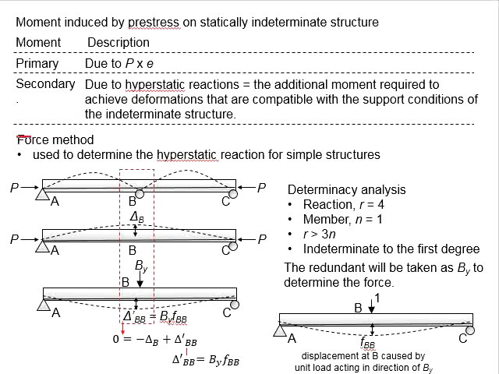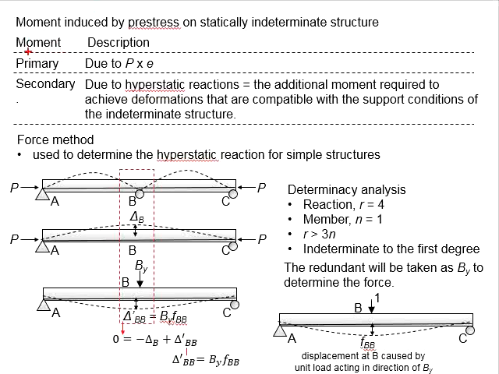As the force method is not the focus of this course, and by the time you are taking this course, you should have already passed your structural analysis, we will not discuss this in too much detail. Let us come back to the moment caused by the prestressing force within the member. There are 2 types of moment, which are the primary moment and the secondary moment.